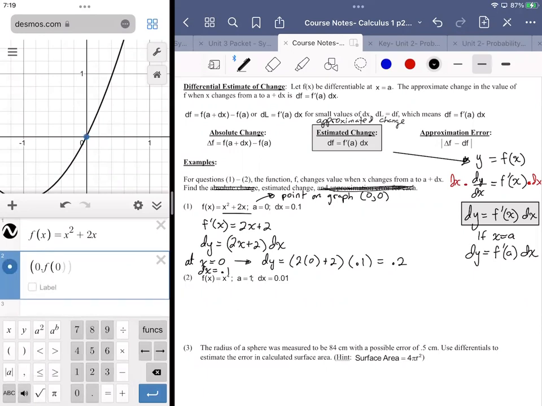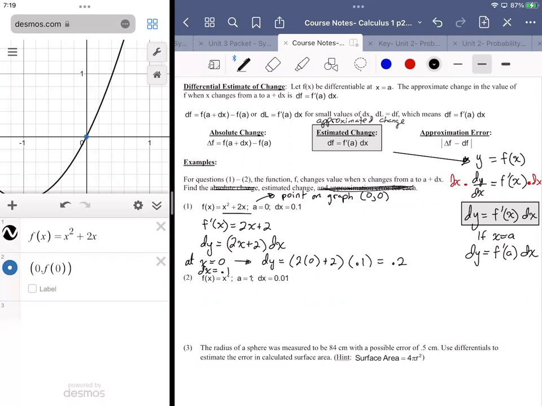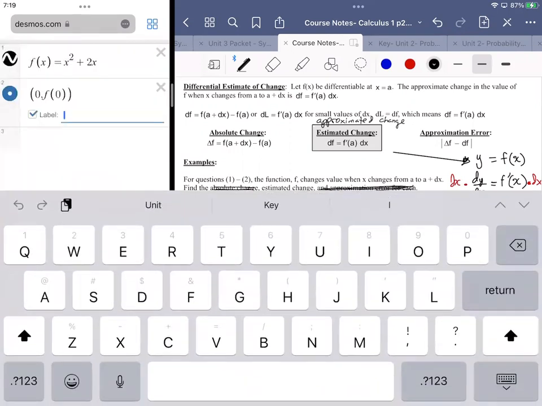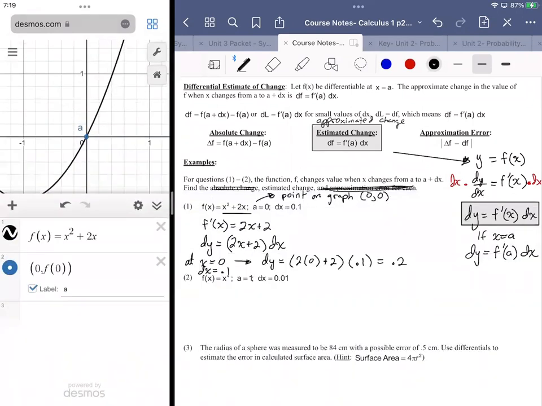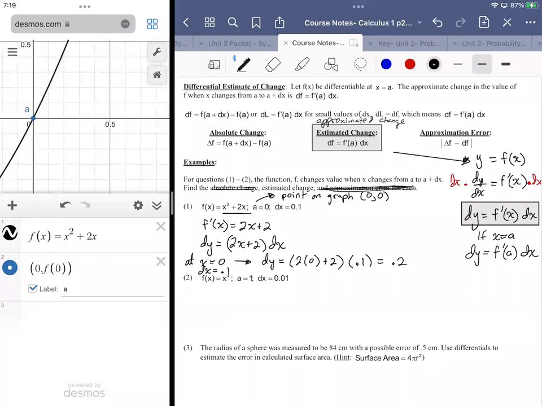It's just in this case it's 0 because that's what you get when you plug it into the function. So this is our lowercase a value. Now, what they're telling us to do is move just a smidge over, 0.1 to the right, and figure out the y value corresponding to that.